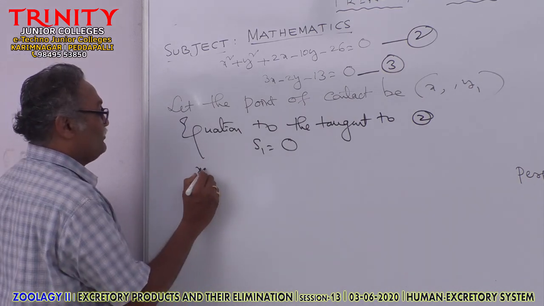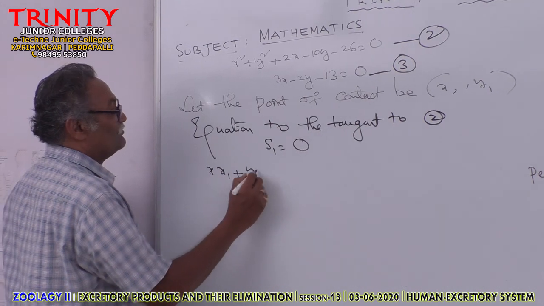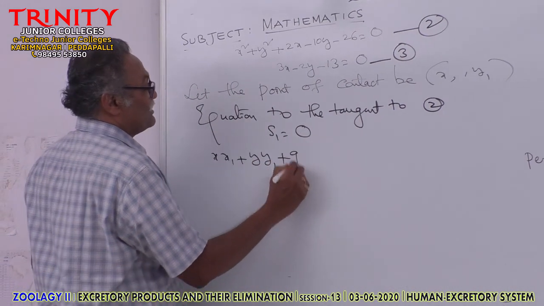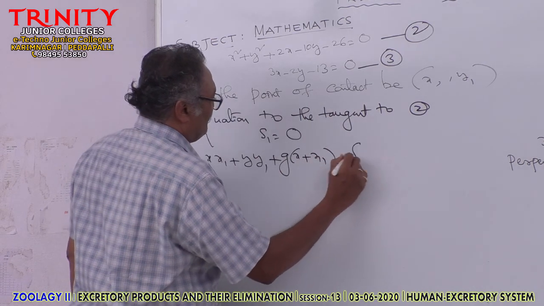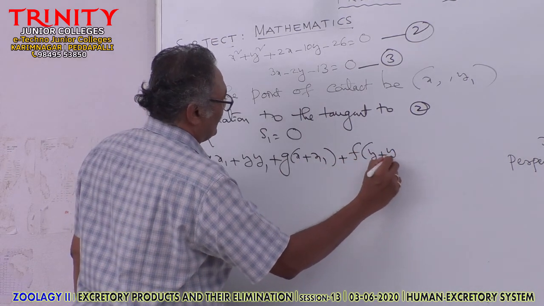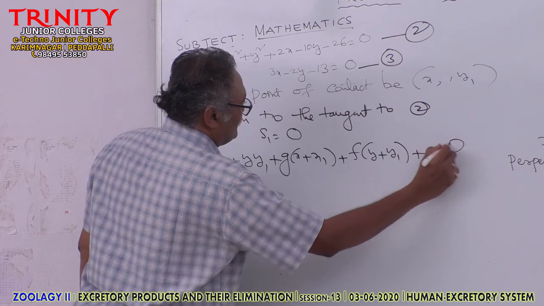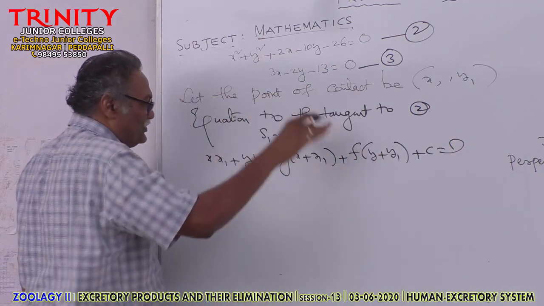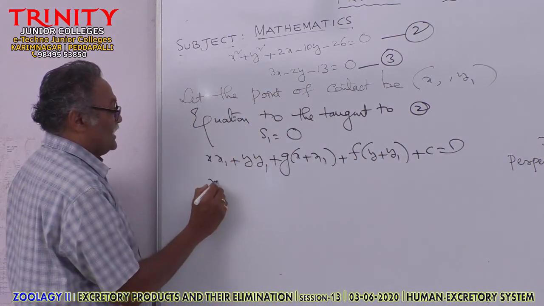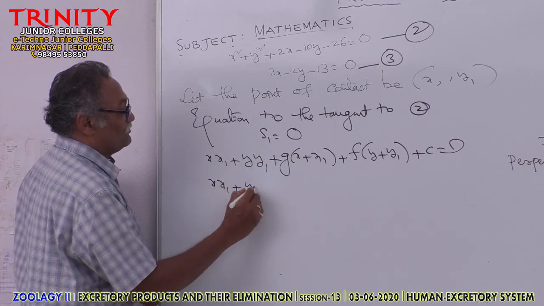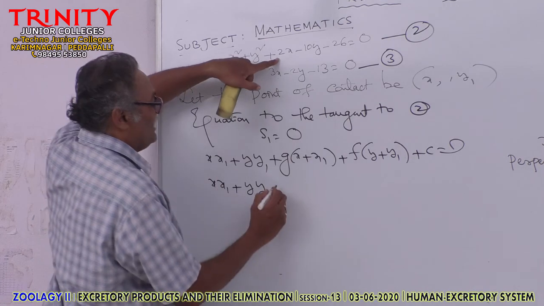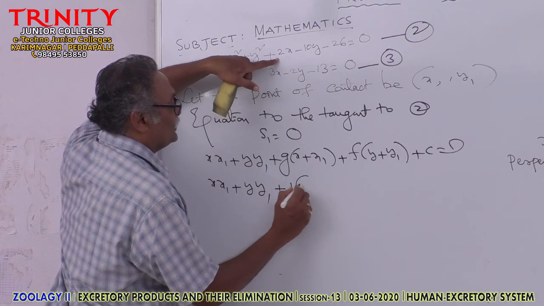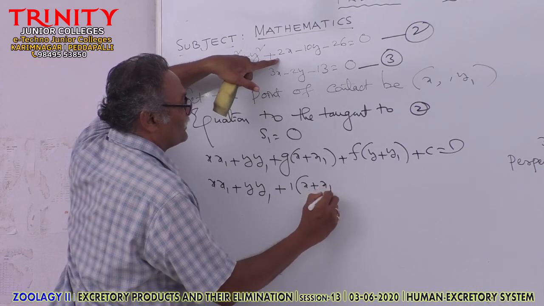That is xx1 plus yy1 plus g of x plus x1 plus f of y plus y1 plus c is equal to 0. Here substituting the values: xx1 plus yy1. In this equation the value of g is 1 into x plus x1.